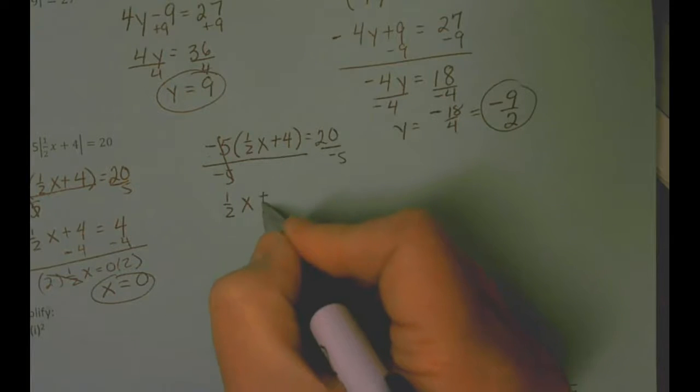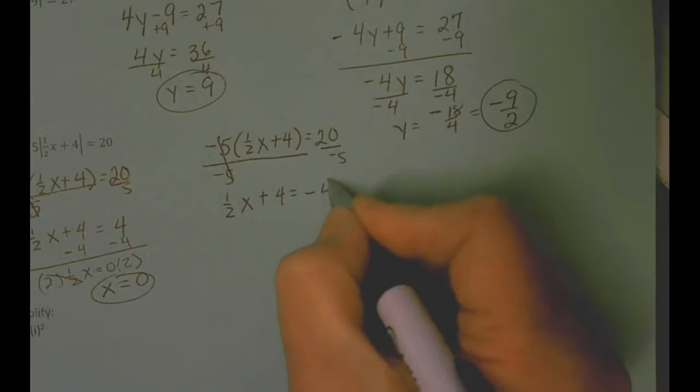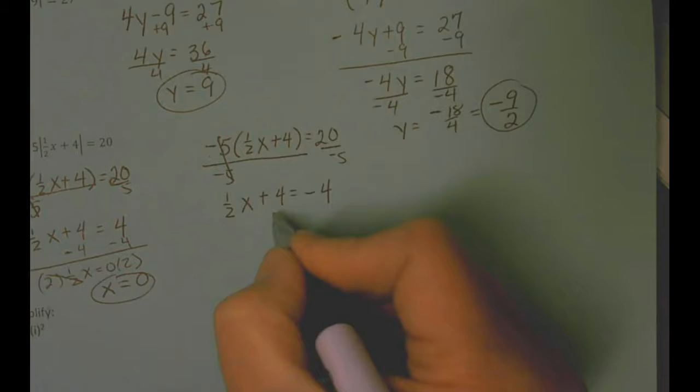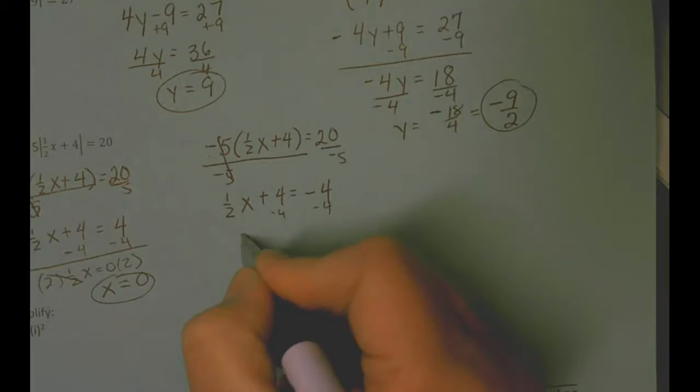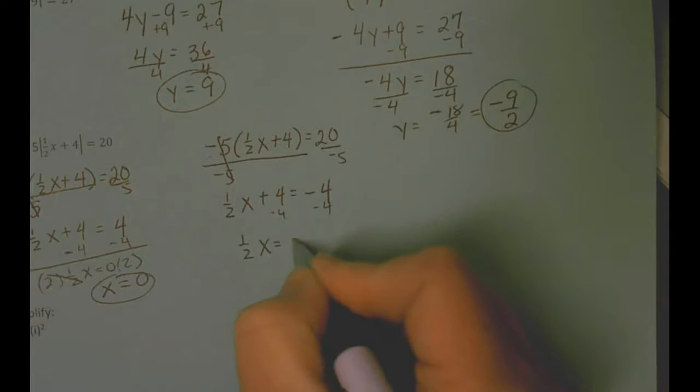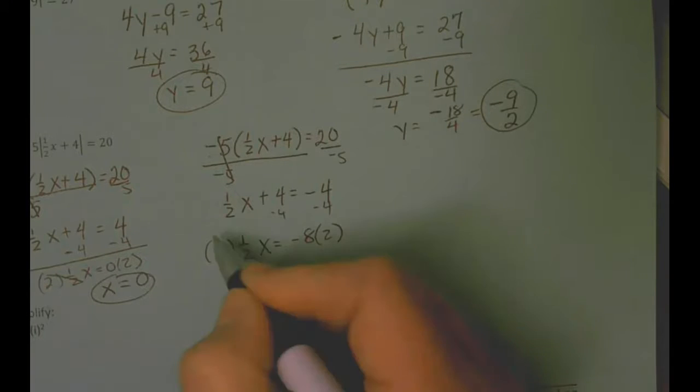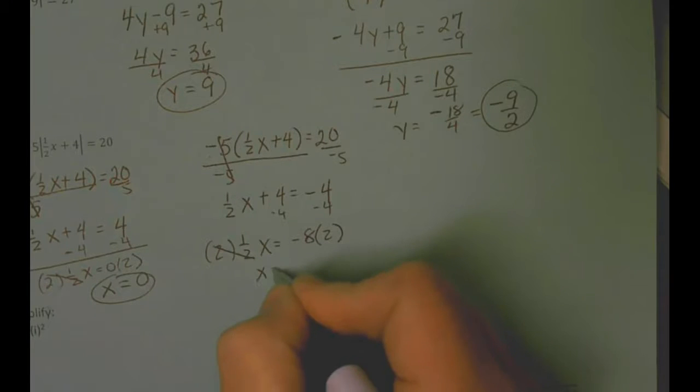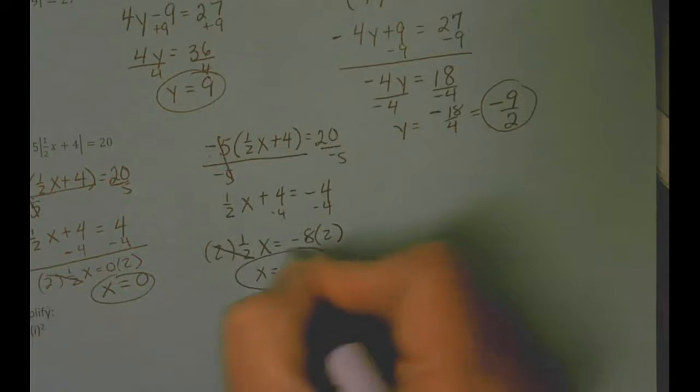There are other ways that you could solve it and get to the same answer. Subtract 4 from both sides. Multiply both sides of the equation by 2 to cancel out the 2. X equals -16.